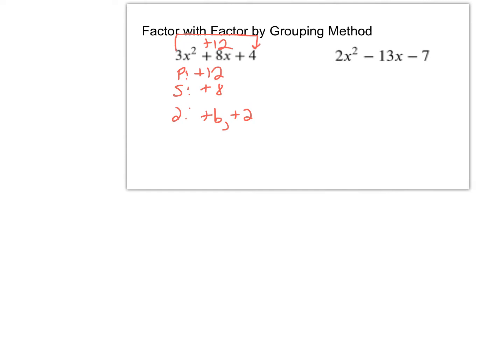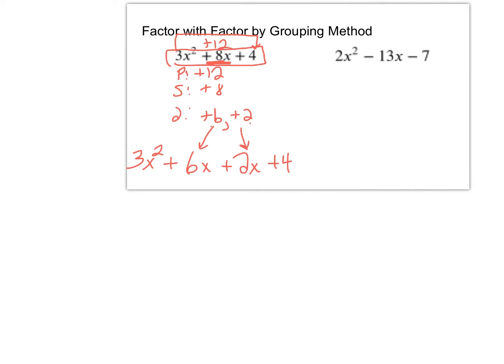With grouping method, we're going to reset this problem right here, but split this apart because I know 6 and 2 is going to give me this 8. So we're going to do 3x squared plus 6x plus 2x from these two pieces here, and then the plus 4 in the end.